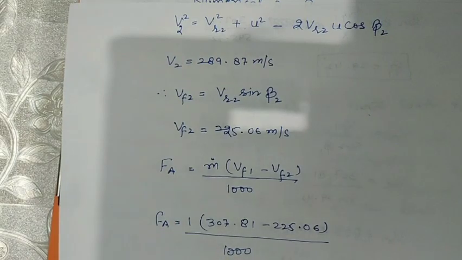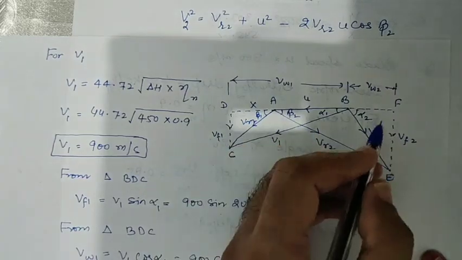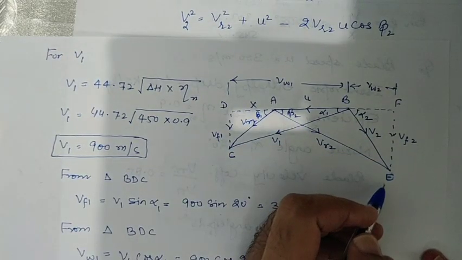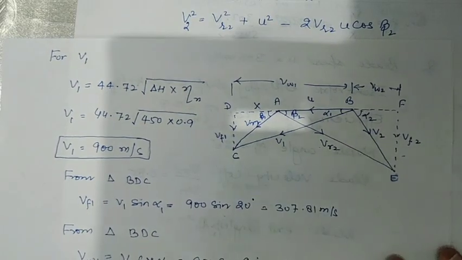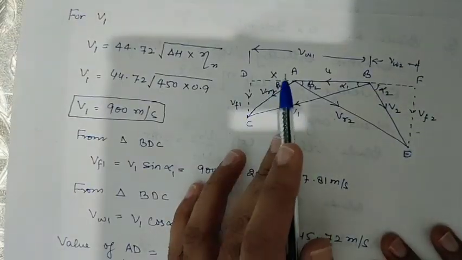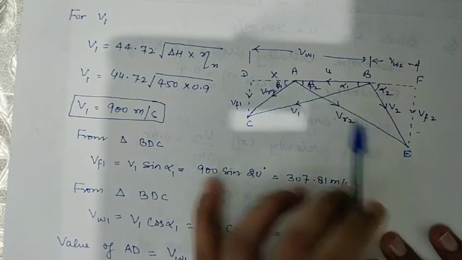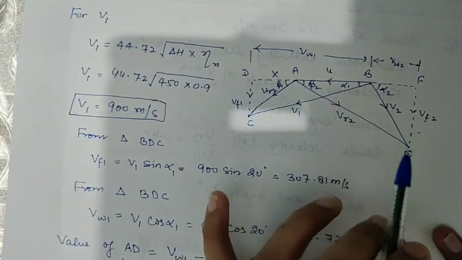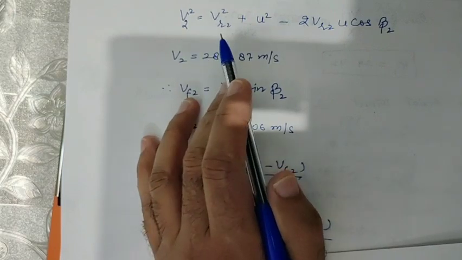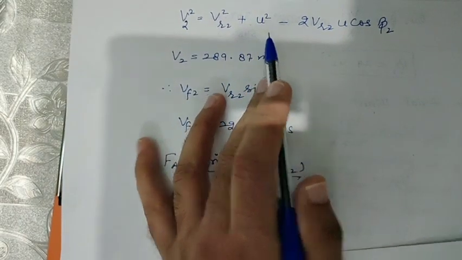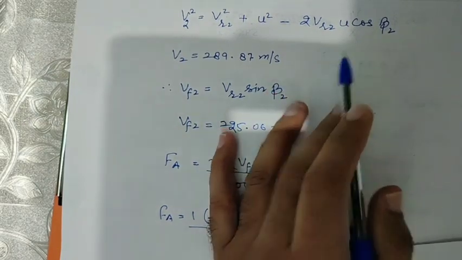Now we have to calculate the values for triangle AFE. We can apply the cosine formula for triangle ABE. By the cosine formula, V2 square is equal to VR2 square plus U square minus 2 VR2 U cos beta 2.